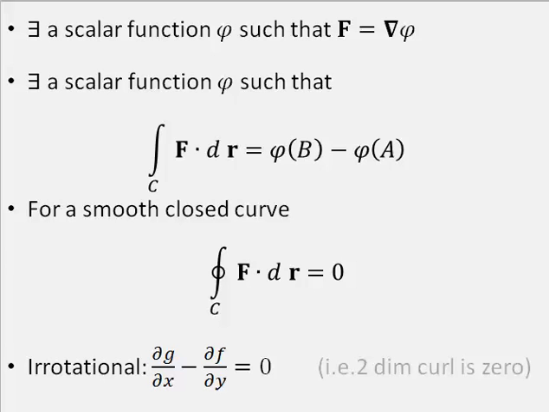There exists a scalar function phi such that the line integral is equal to phi evaluated at B minus phi evaluated at A. So that's that path independence. For a smooth closed curve, the line integral or circulation is equal to 0. The vector field is irrotational, meaning the two-dimensional curl is 0.